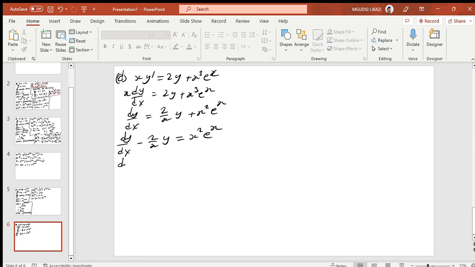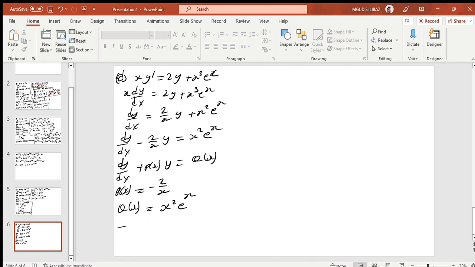You can see now the equation is in the form dy over dx plus p of x multiplied by y is equal to q of x, with p of x being equal to negative 2 over x, and q of x being equal to x squared e raised to x.